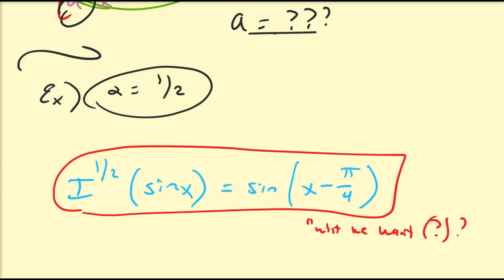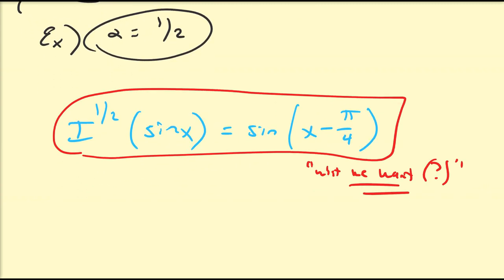Well, question mark, is this really what we want? I mean, it matches our intuition from the natural numbers set, but maybe it's not exactly the natural thing that it should be. So let's consider the relationship that we derived with the base point 0 of sine of x.